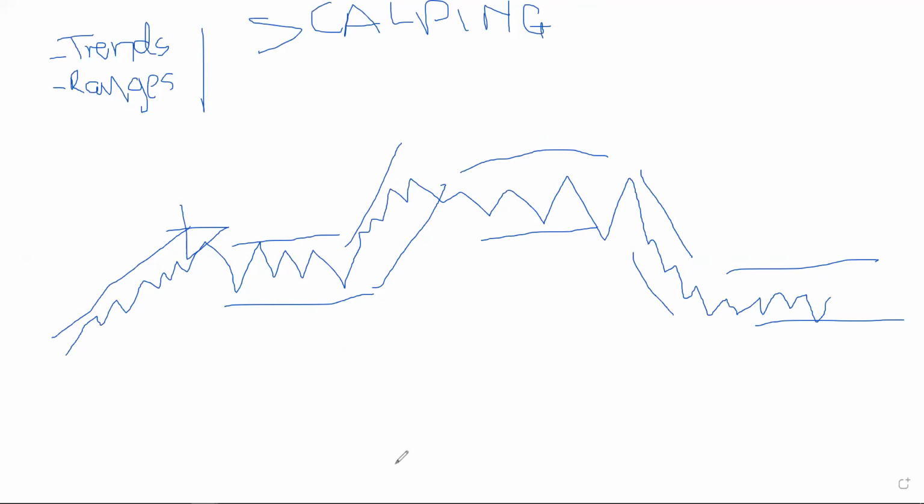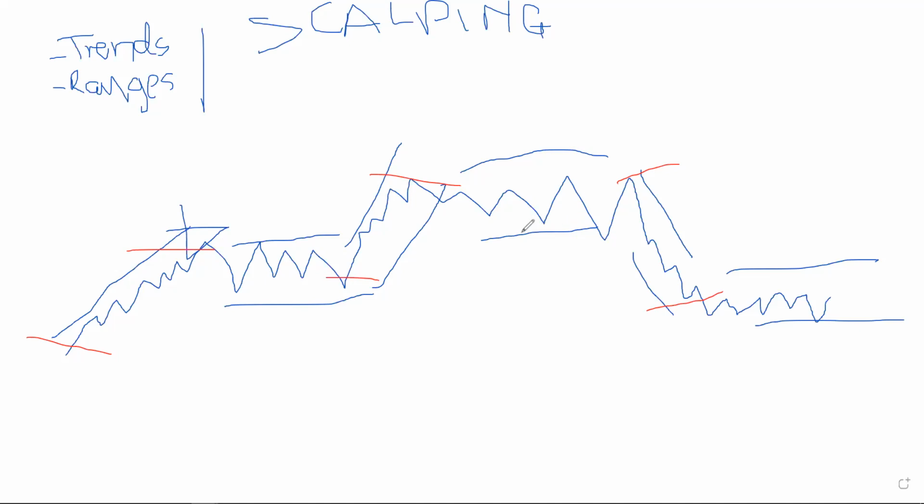So in scalping, what we do, we take advantage of this movement. If it's going up, you take advantage of the move from down there to up there, or from up there to down there, before you get caught up in this range. Now, normally, unless you know how to trade the range, you kind of avoid it.